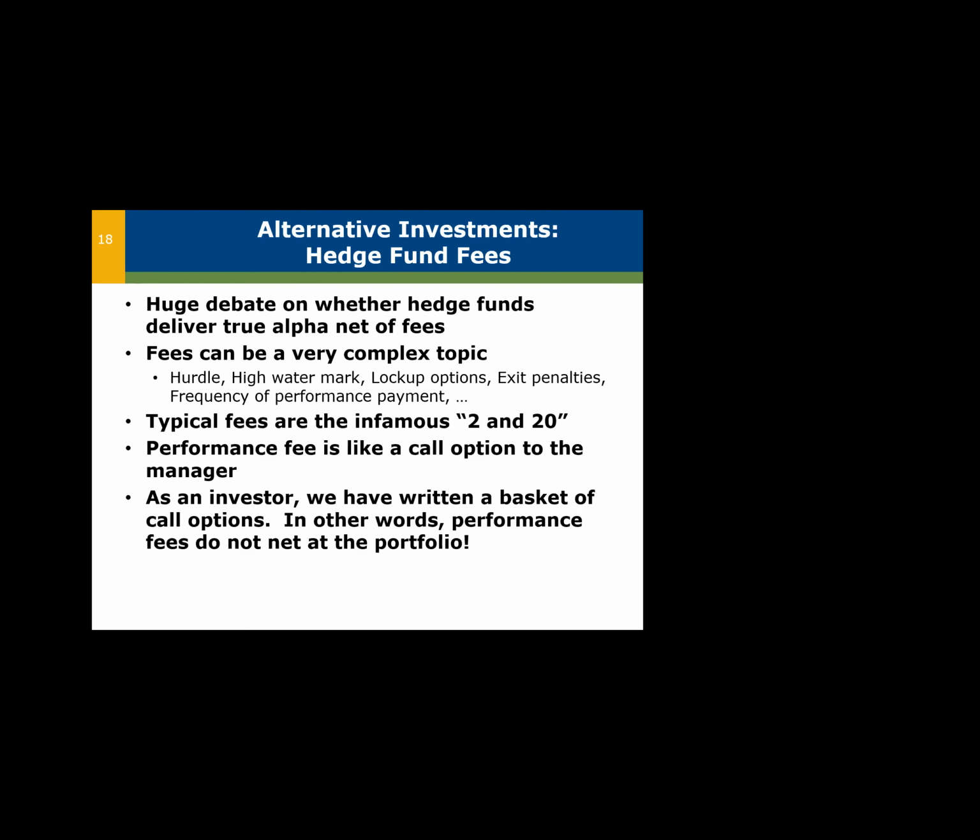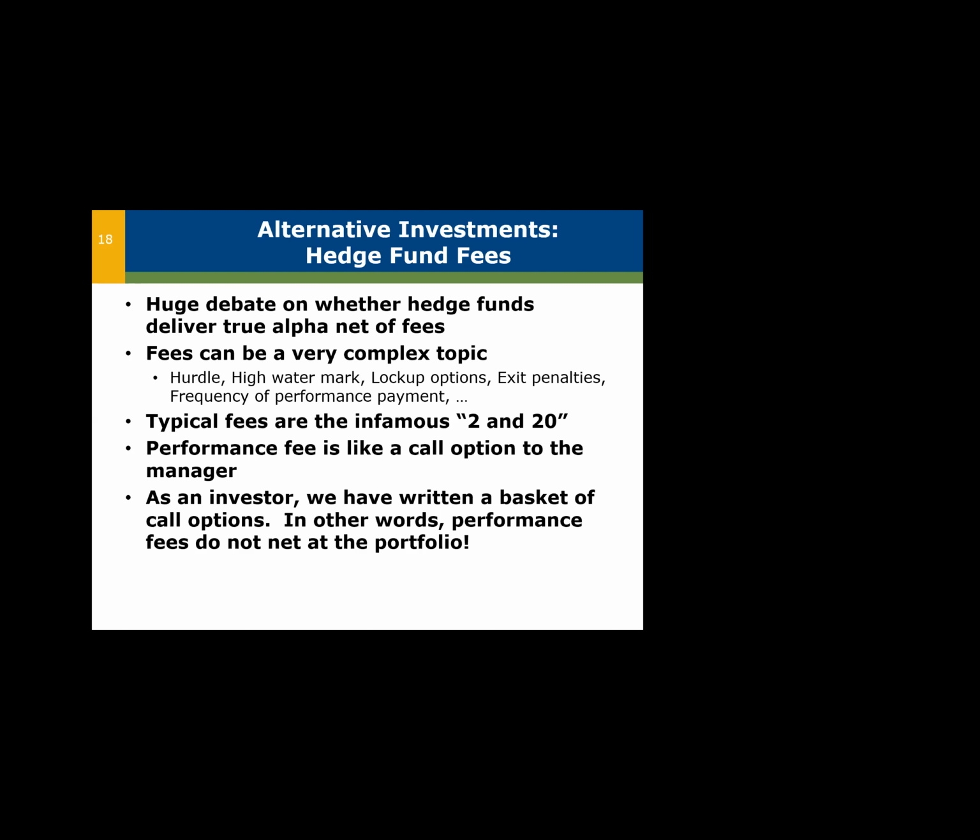As an investor, you have written this basket of call options, which is more valuable than a call option on the whole portfolio. A call option on the whole portfolio would be as if you paid the performance fee on the overall performance of the portfolio. So let's say out of those 50 managers, the aggregate performance was negative for one year.